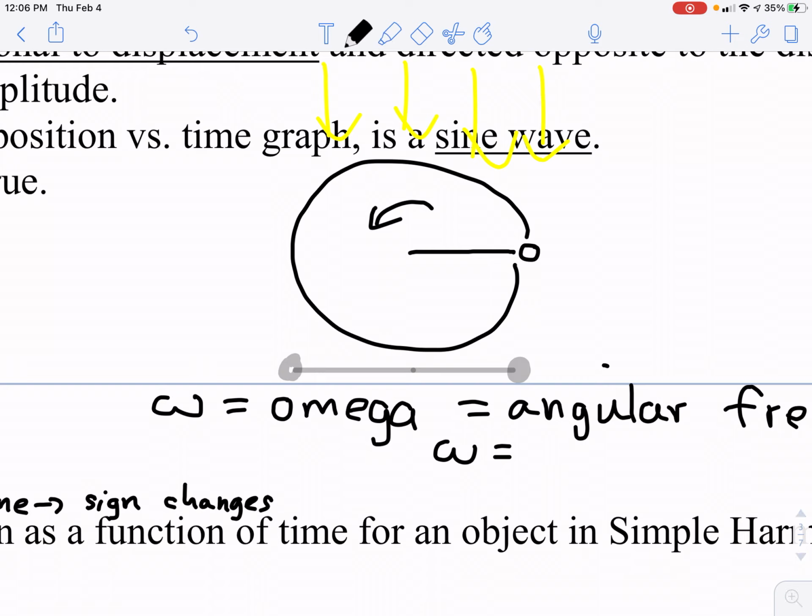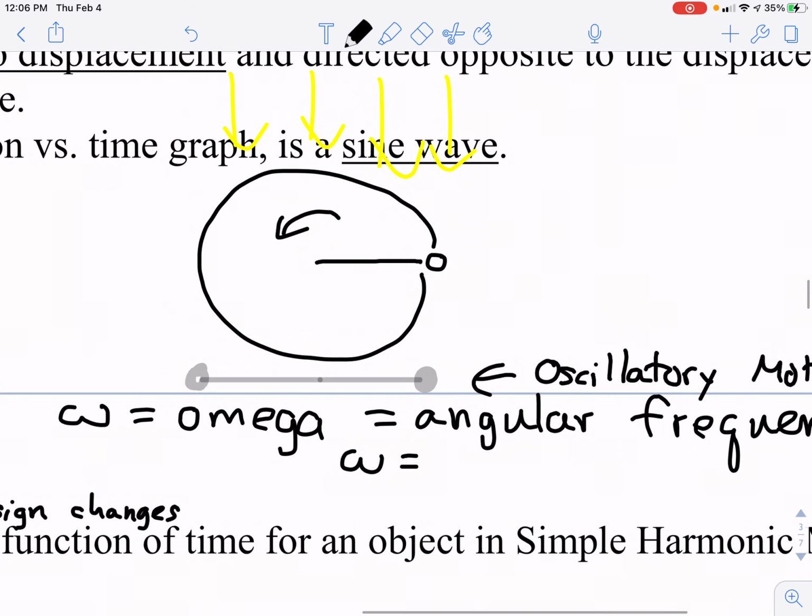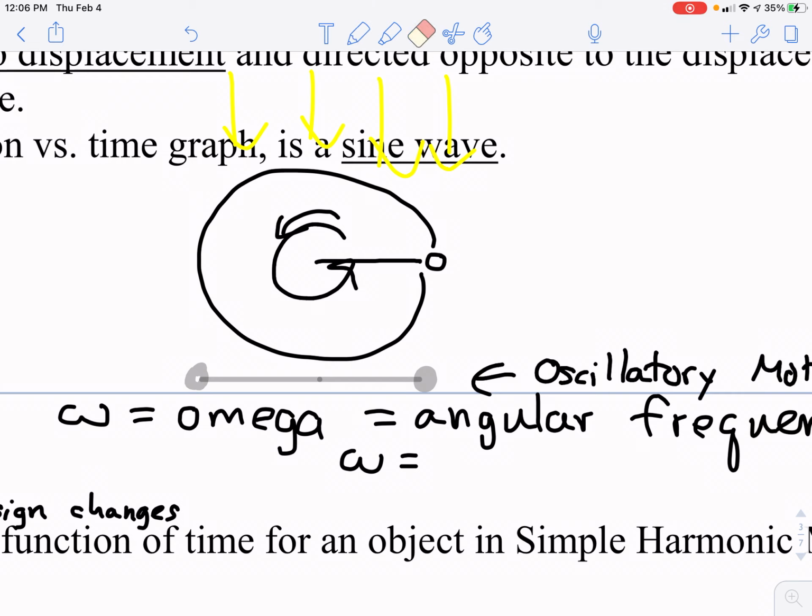So this is the oscillatory motion. However, ladies and gentlemen, you can make a connection between oscillatory motion and the periodic motion of an object actually moving in a circle.